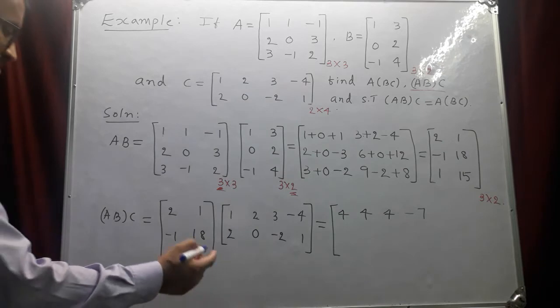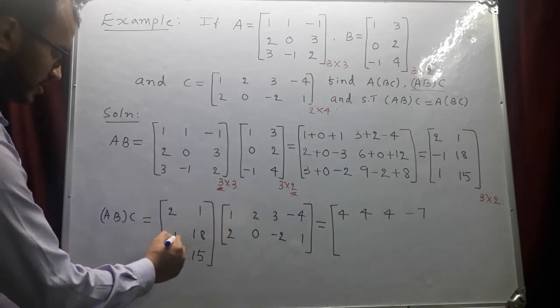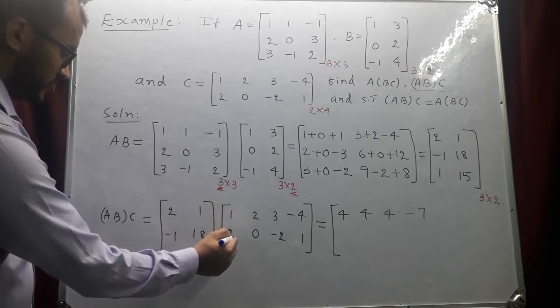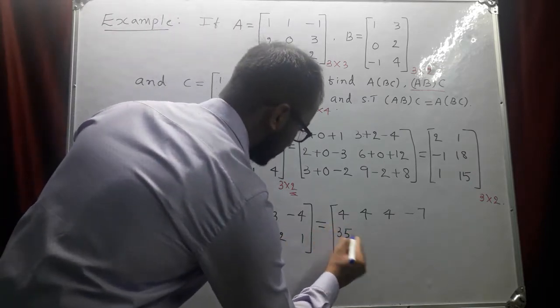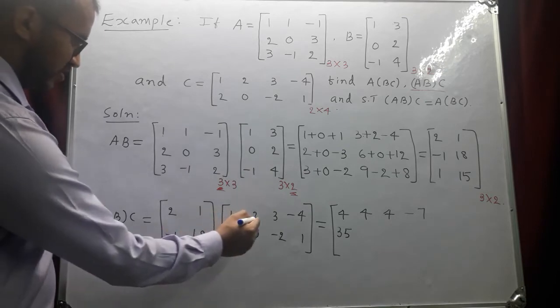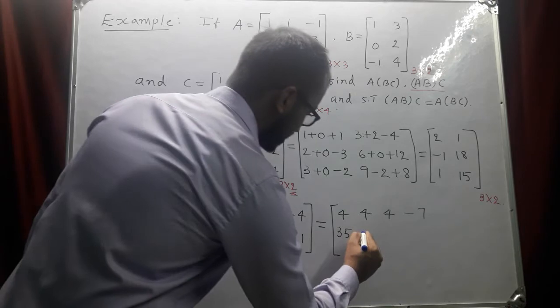So for the next row elements, second row with different columns. Here minus 1 plus 36, so 36 minus 1 becomes 35. Second row, second column: minus 1 into 2 plus 18 into 0, so that is minus 2.